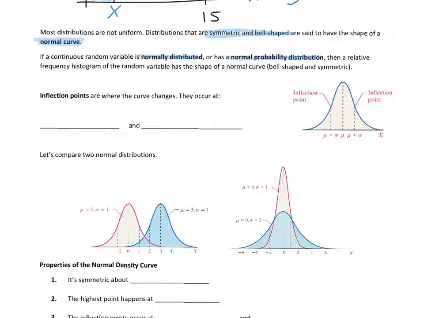All right, so we call this concave down, then afterwards it's called concave up. So sad face, half a smile face. Okay, so the inflection points are where the curve changes, and they happen at 1 standard deviation away from the mean. So they happen at mu minus sigma and mu plus sigma.